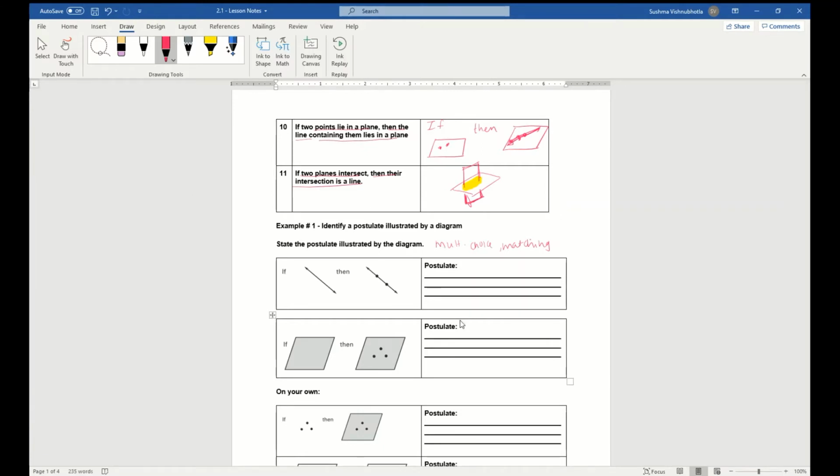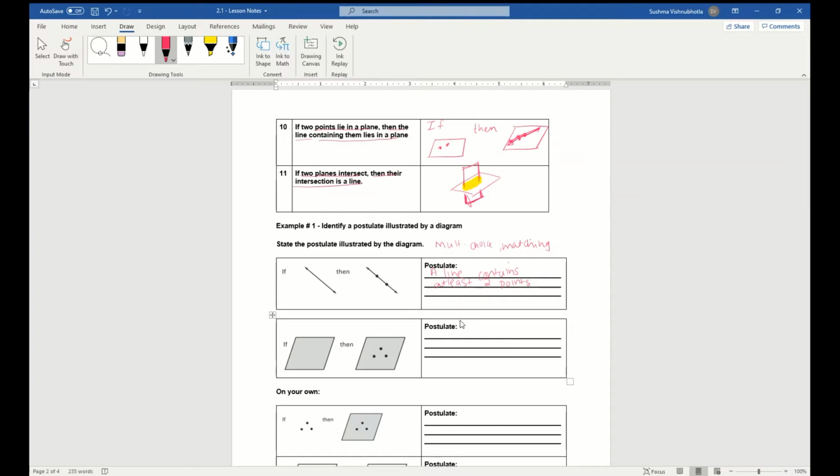So this is actually postulate number 6, or a line contains at least 2 points.